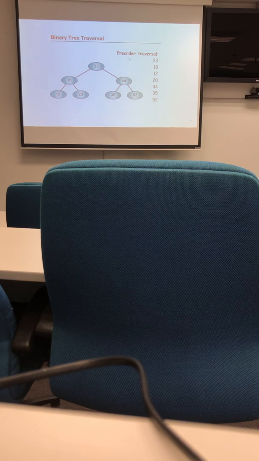We have 3 ways to traverse through a binary tree, that means start from the root to visit all the nodes. The first method is called pre-order traversal. Pre-order traversal means when we come to a node, always visit the parent first.